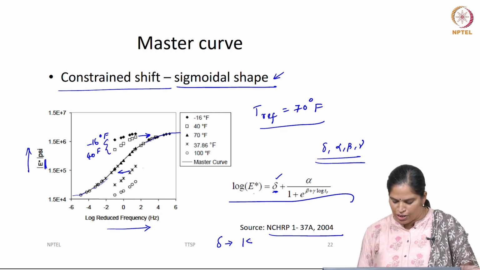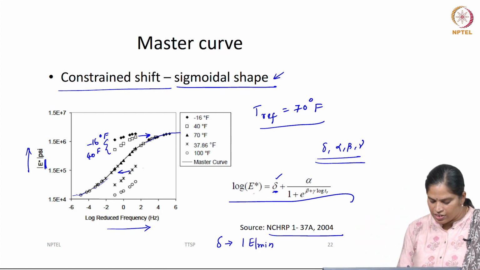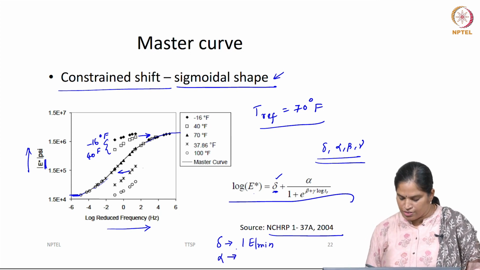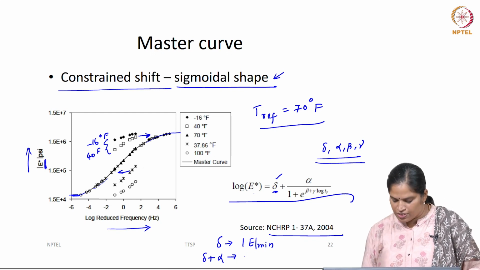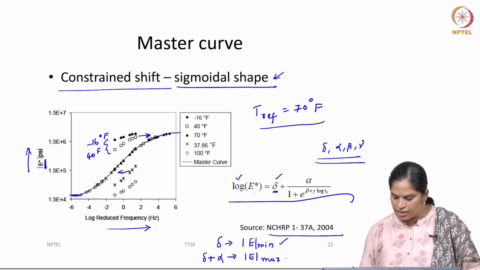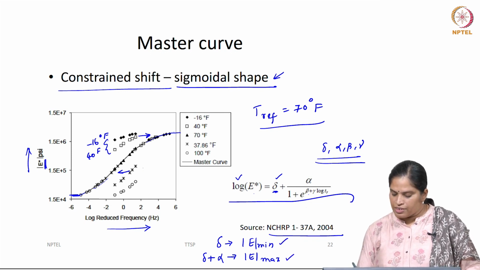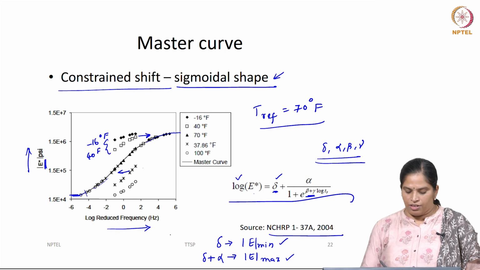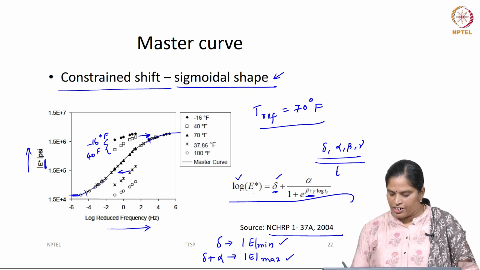It is the lower frequency asymptote function, and delta plus alpha together is the higher frequency asymptote function. So this equation becomes a sigmoidal function with the minimum value delta and maximum value alpha plus delta. The beta and gamma functions describe the slope in this range, and TR here is the reduced temperature, here it is reduced frequency.